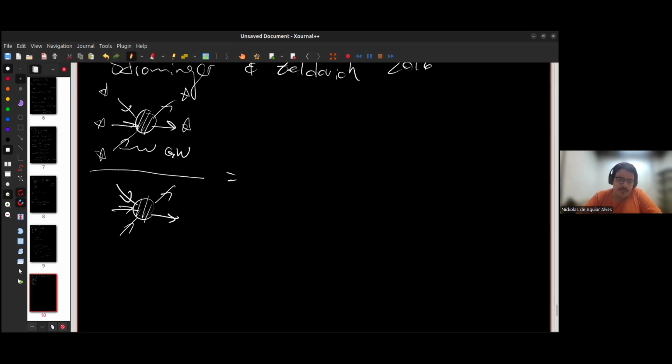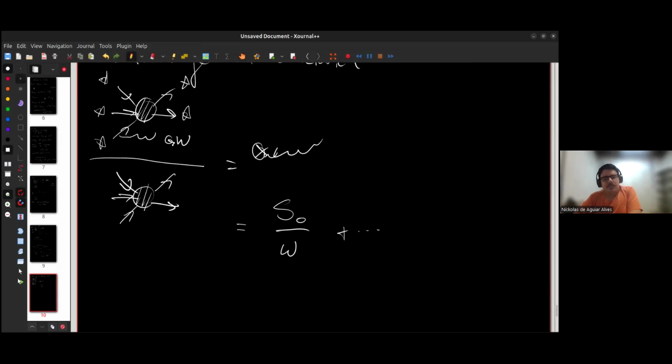So this here is going to give you exactly the gravitational wave, which I'm going to represent this way: you have some source and you have the gravitational wave leaving. And using that soft graviton theorem, this thing here should be just that factor over omega plus corrections. Which means that we can use Weinberg's theorem to compute the gravitational wave generated through this scattering process.